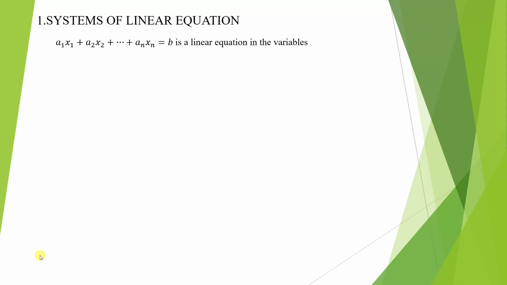A linear equation is an equation that has the form a1 x1 plus a2 x2 plus up to an xn equal b.